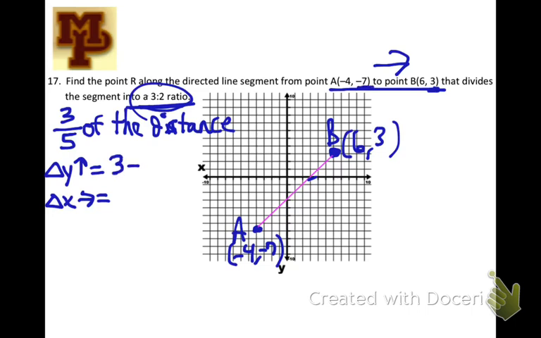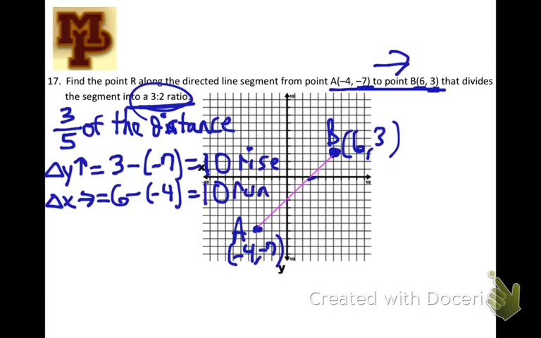So 3 minus a -7, and that gives you 10. And then you have to do the same thing with the x's. So you're going to do 6 minus a -4. And this one also turns out to be a +10. So the y's are the total rise, and then the bottom 10 is the total run.